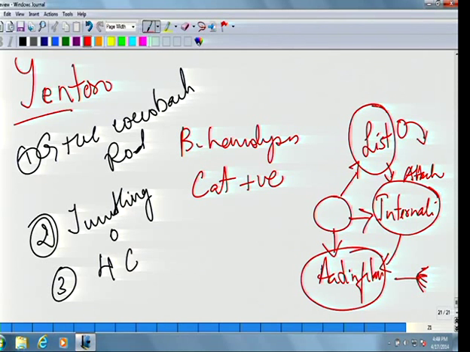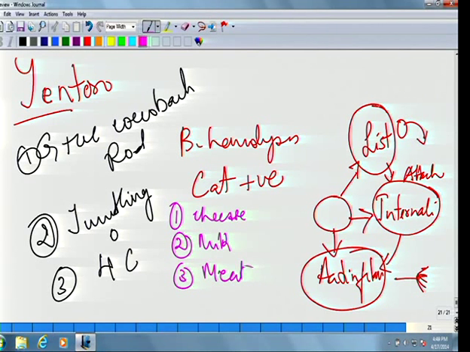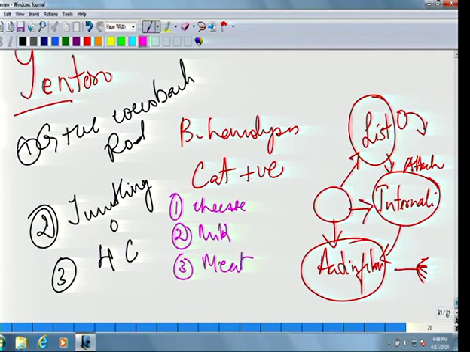Okay, then how do you get listeriosis? Mainly from cheese, milk products, meat. Okay, then what kind of infection does it cause in an immunocompetent individual? A flu-like illness, nothing to worry about. But suppose, say for example, a pregnant woman is infected with Listeria. What is the major risk? It can cross the placenta.